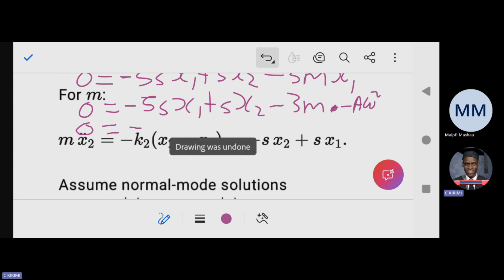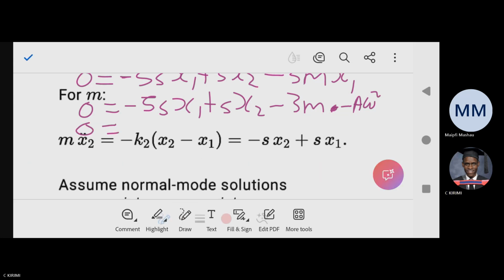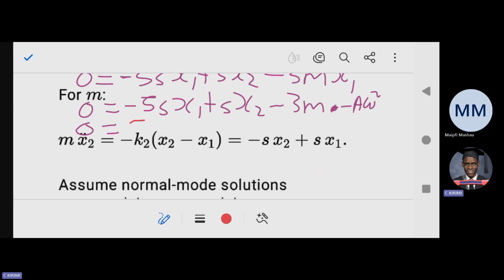If I multiply each and every term by a negative, what are you going to get? Here it will be a positive 5s x1, and minus s x2.